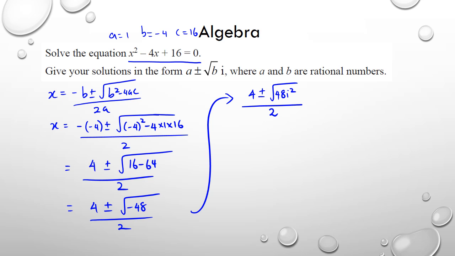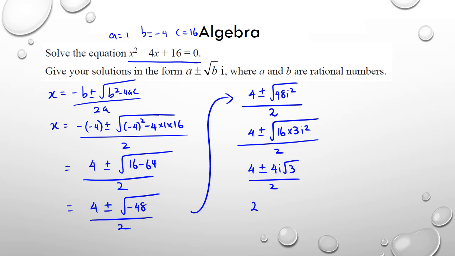Simplifying this, 16 is a factor of 48, where 16 is a perfect square. So we've got 16 times 3 i squared over 2. This can be simplified as 4 plus or minus 4i root 3 over 2, and this simplifies to 2 plus or minus 2i square root of 3.